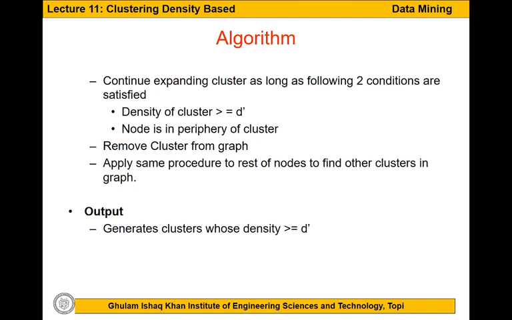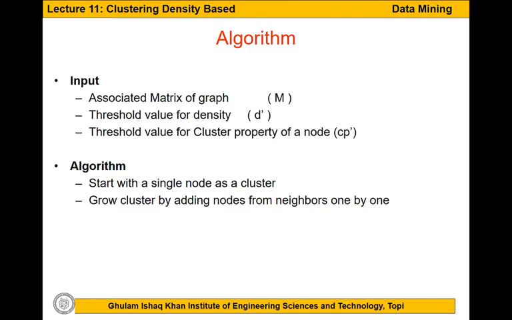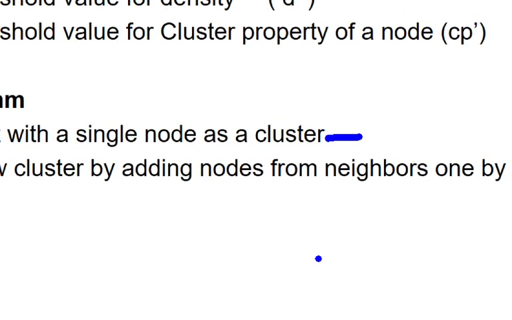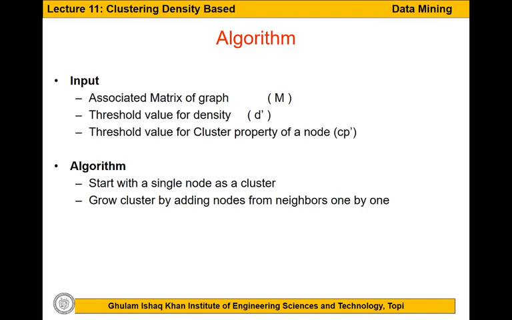Now what happens is that we start with a single node as a cluster, right? Then we grow this cluster by adding nodes from its neighbors into that cluster, right? For example, we have these nodes, and they are connected, right?